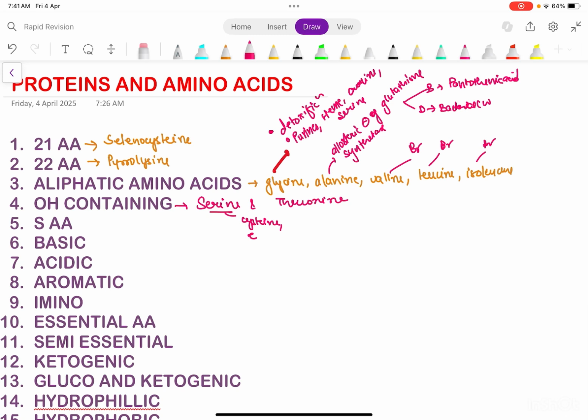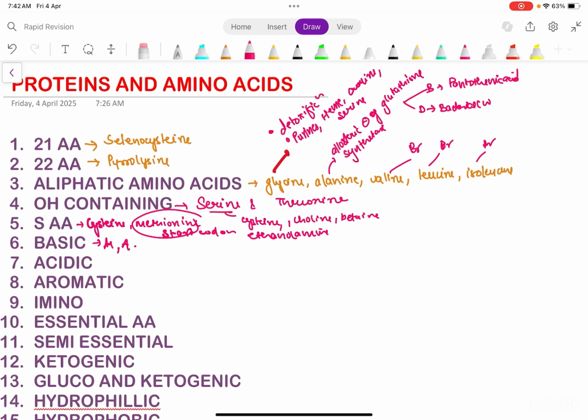Now coming on to the hydroxyl group containing amino acids, these are serine and threonine. This is involved in the formation of cysteine, ethanolamine, choline, butane. Now sulfur containing are cysteine and methionine. You should know that methionine also acts as a start codon.